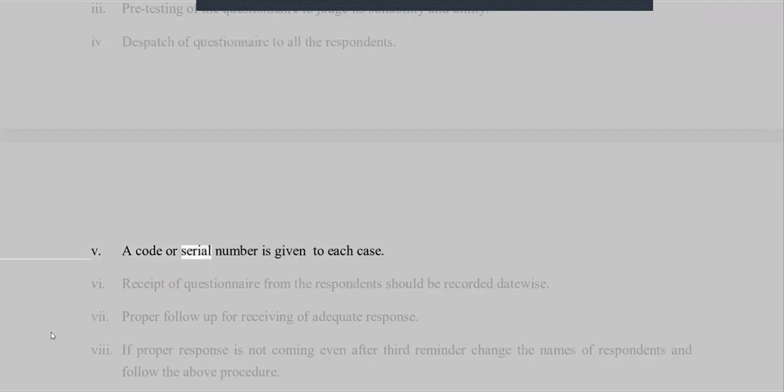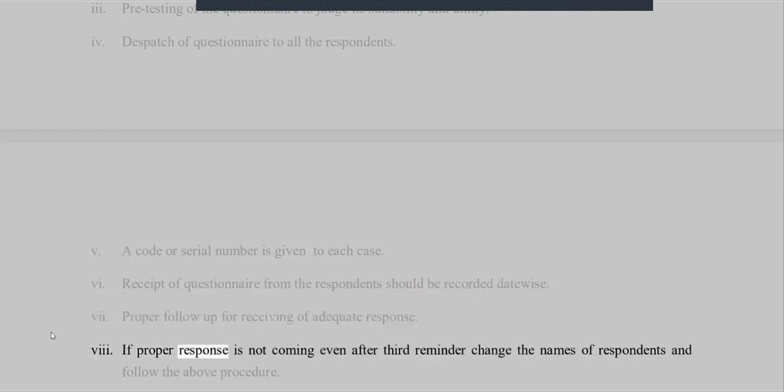A code or serial number is given to each case. 6. Receipt of questionnaire from the respondents should be recorded date-wise. 7. Proper follow-up for receiving adequate response. 8. If proper response is not coming even after the third reminder, change the names of respondents and follow the above procedure.